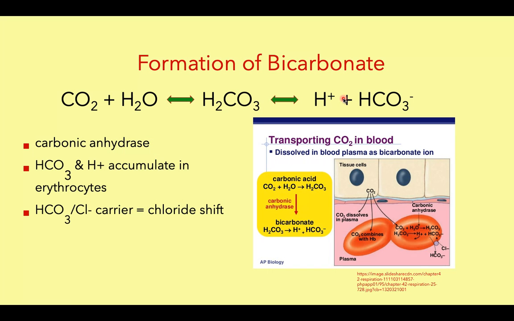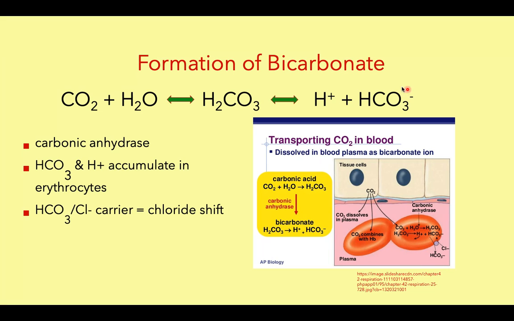And I'm going to jump ahead here. The formation of bicarbonate is really the most abundant way that carbon dioxide is transported in our blood. Carbon dioxide combines with water to form carbonic acid and then bicarbonate and hydrogen ions. It does this slowly in the plasma, but rather quickly in the red blood cells because of this enzyme called carbonic anhydrase.